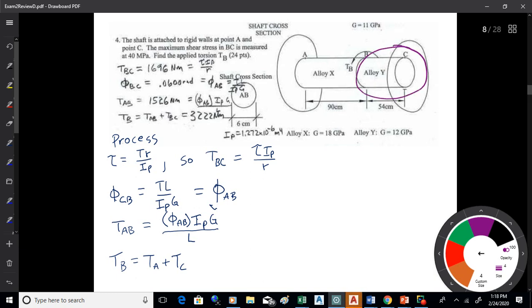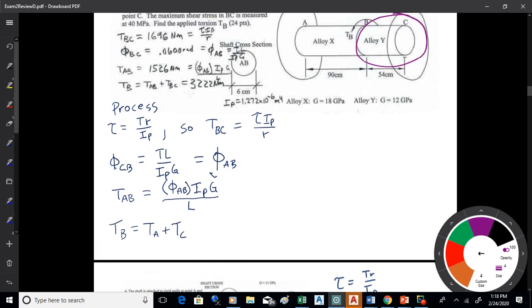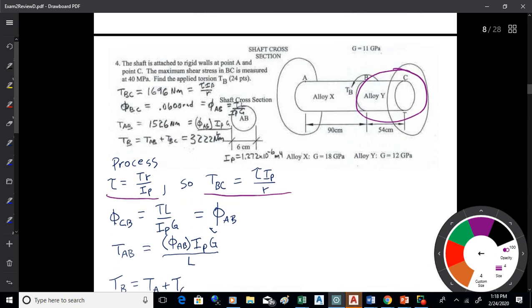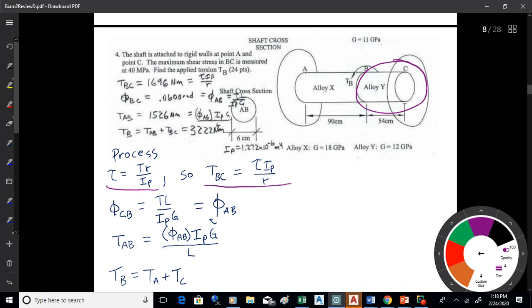Now there's a number of relationships you have to use to work this through. The first one is the shear stress, which is TR over I. You want to back-solve that for the torsion. So if you know the shear stress in BC, you can find the torsion. That will be the reactive torsion at C.